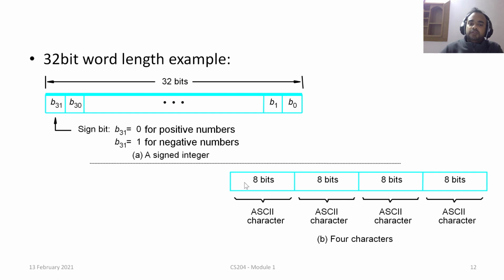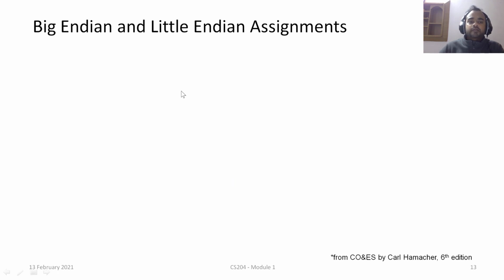ASCII characters, as you are aware, take 8 bits each, meaning 1 byte. So 4 characters can be stored in 4 consecutive bytes of a 32-bit word. With that, we also have an interesting concept called big endian and little endian assignments.